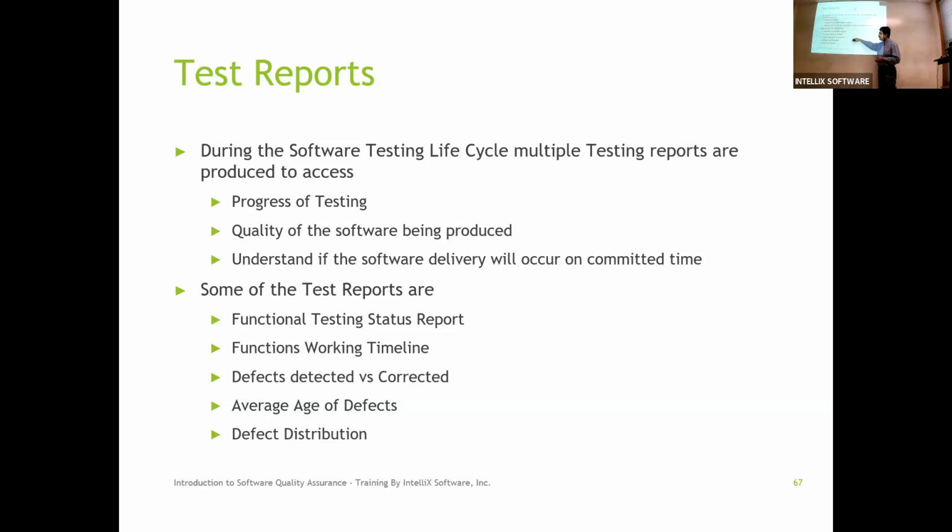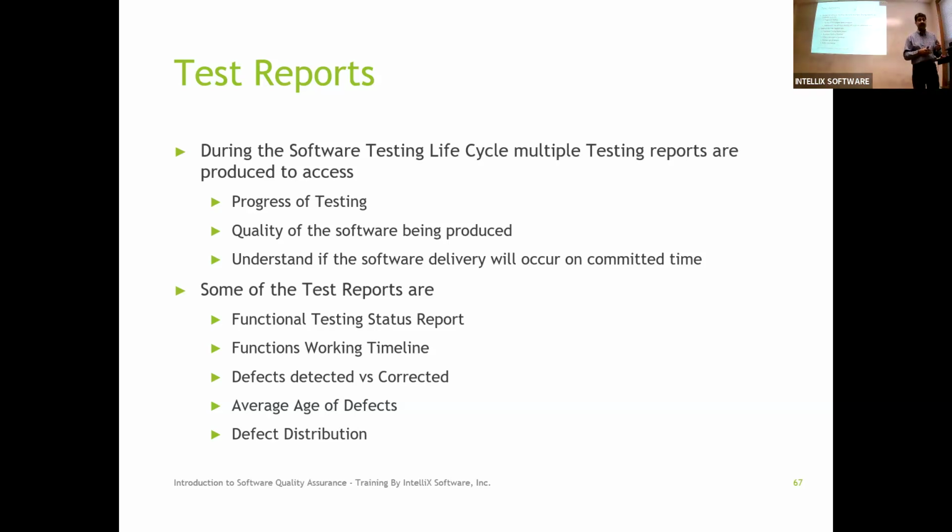Some of the things you report as part of the test report are how many functions are working, how many defects you have identified, how many of those were fixed, and how many defects there are in each one of the components. So, defect distribution. It also talks about how long it's taking to fix those defects.